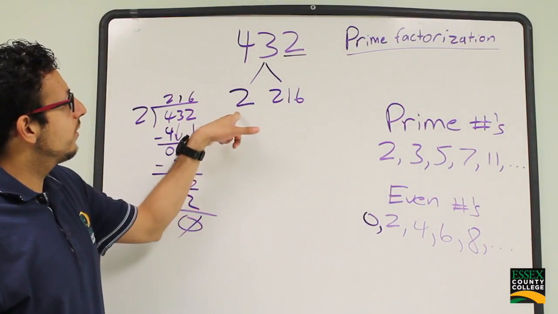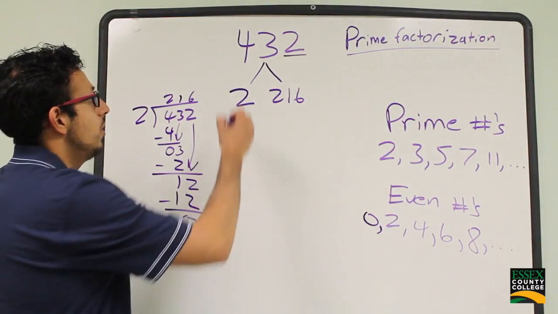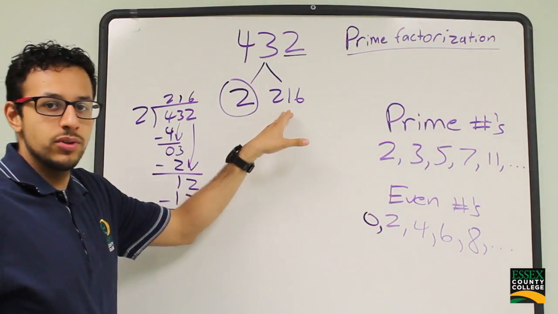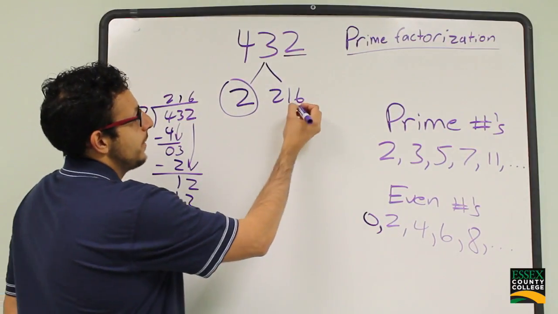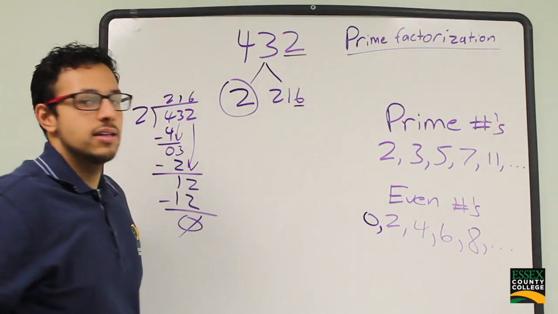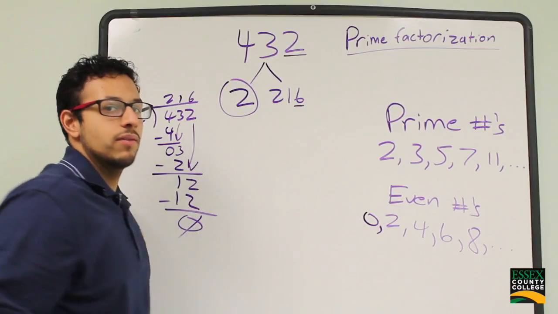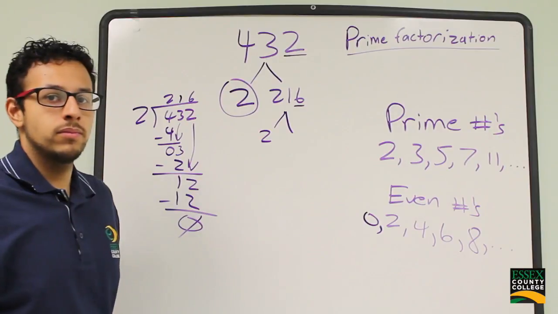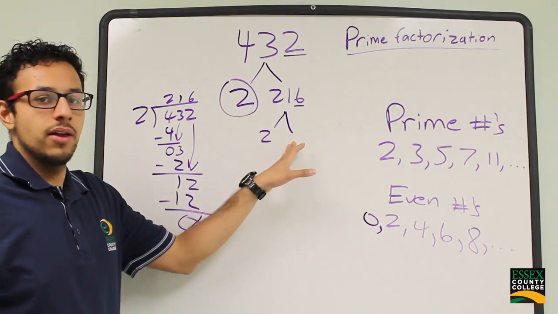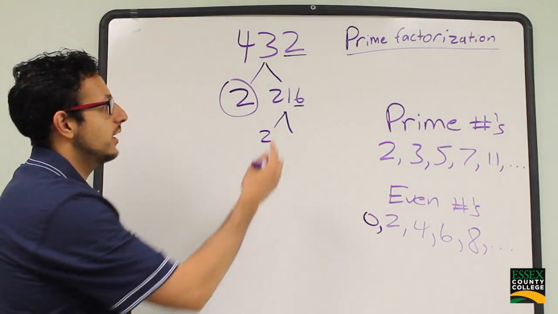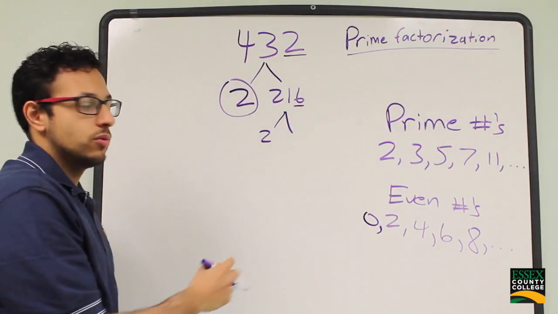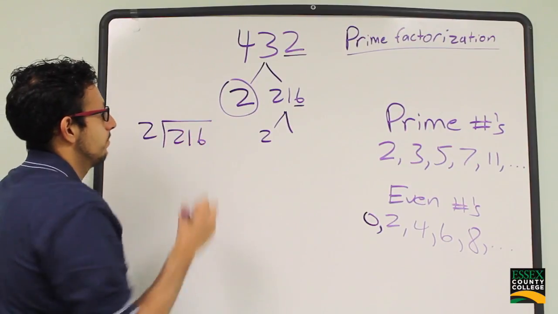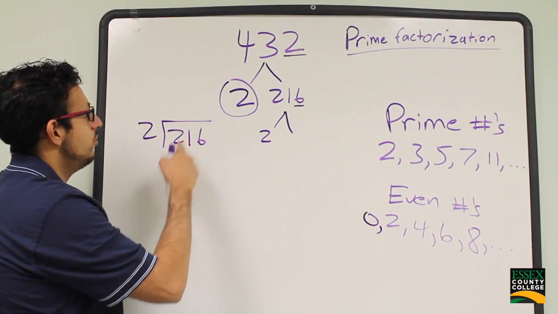Now one of the factors is a prime number, so we can circle that. This part of the factor tree is done. Now we continue with 216. We see that this ends in 6, one of the even numbers, so it is divisible by 2. We divide 216 by 2 to get the other factor. How many times does 2 go into 2?